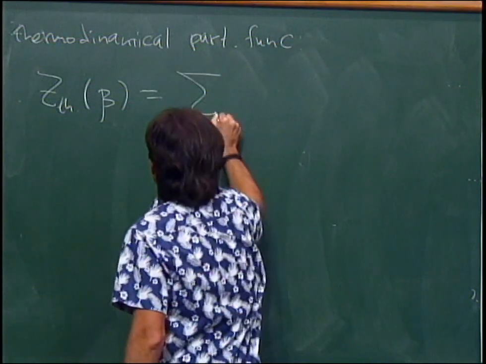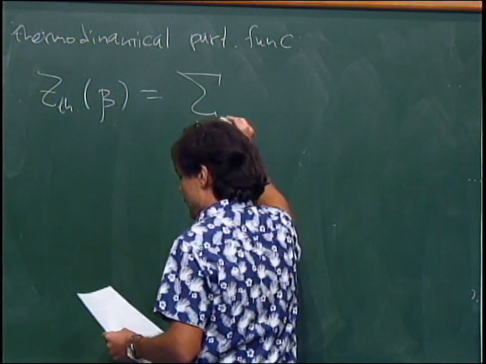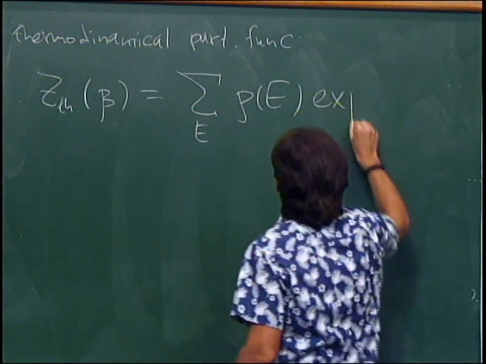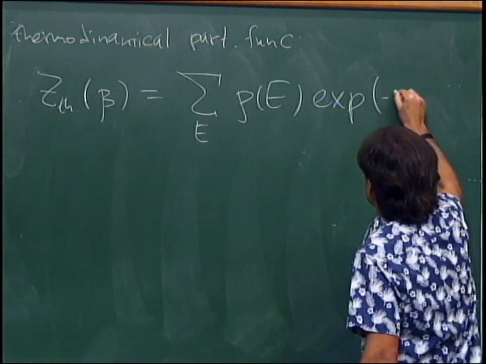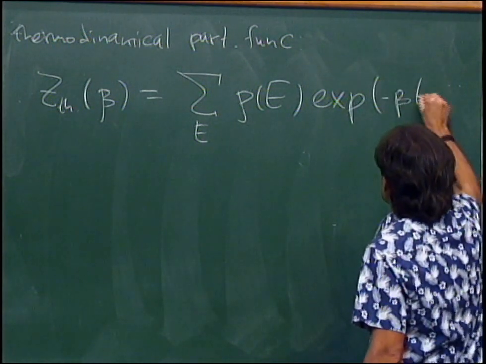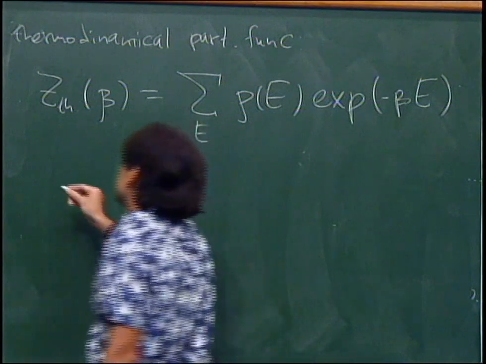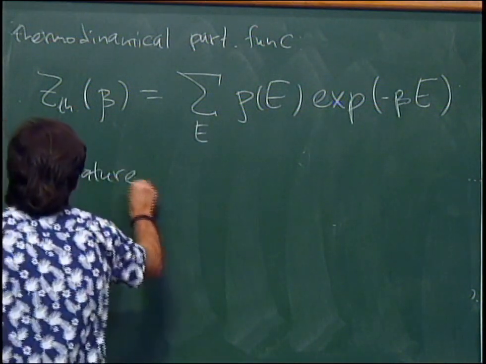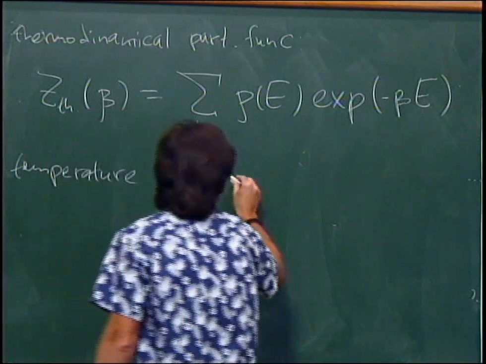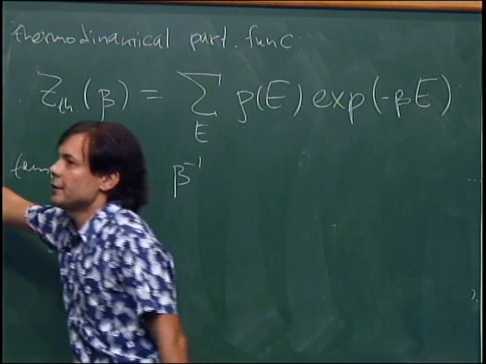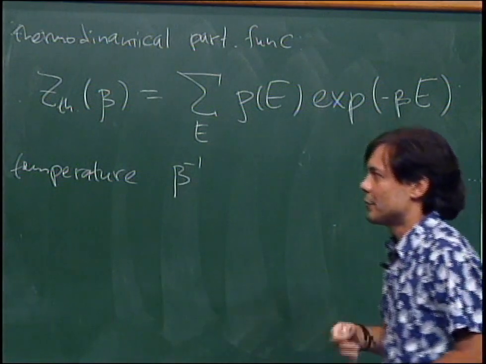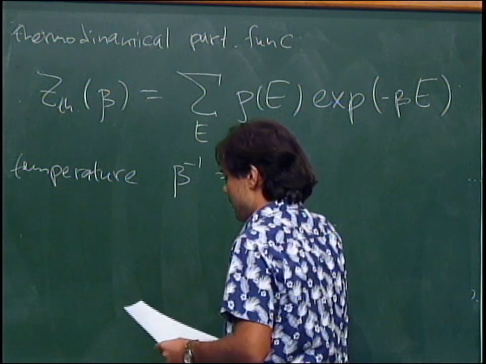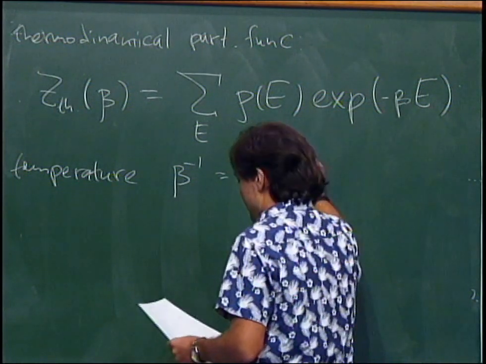And the sum is over different energy levels, rho of E again, and exponential of minus beta E. So the temperature in this system is beta inverse. And if you compare it to this, you see that the cosmological constant is like an analog of the temperature. So it can be written in this form.